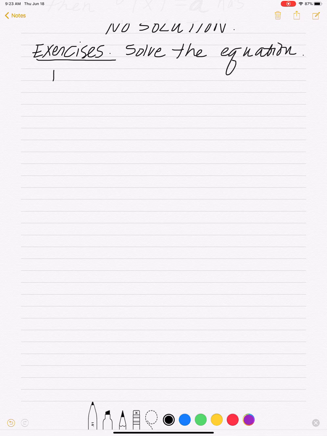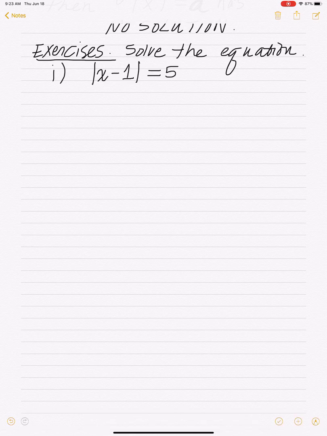Number 1, we have the absolute value of x minus 1 equal to 5. Notice that we have the absolute value by itself.